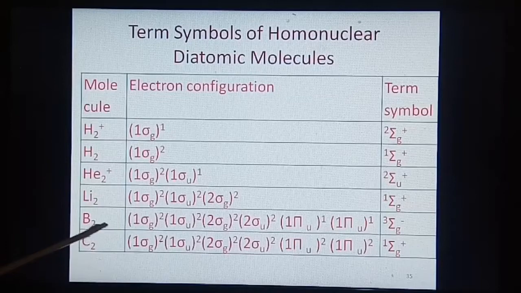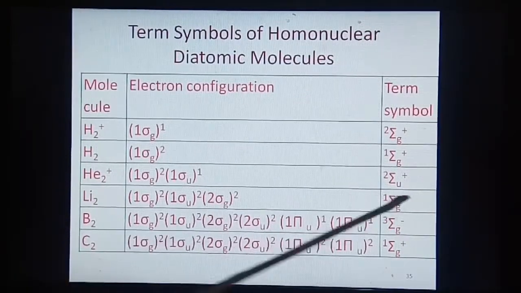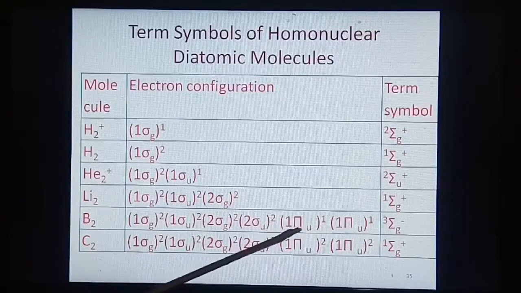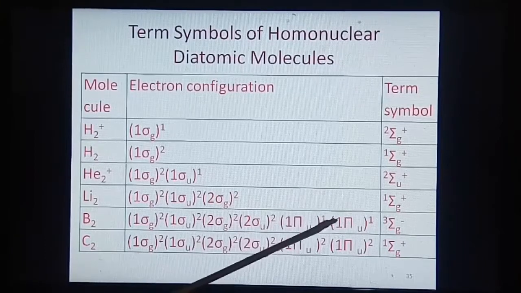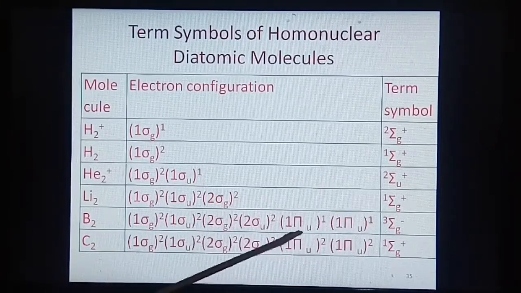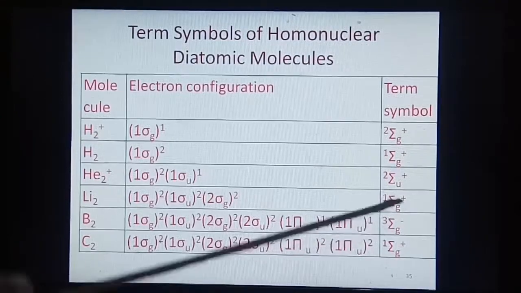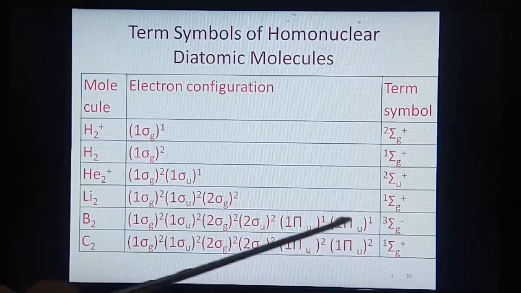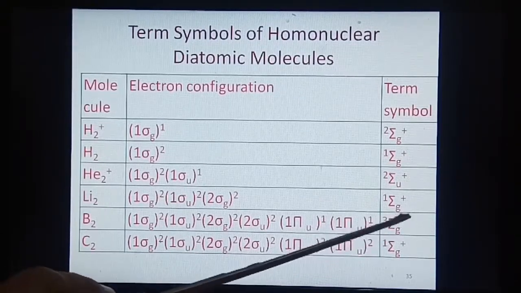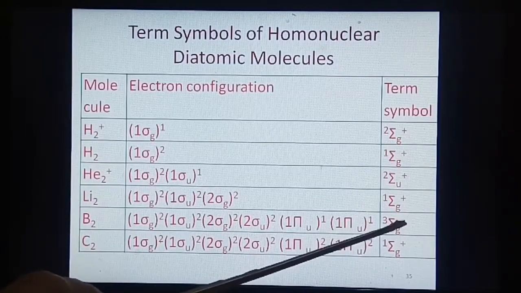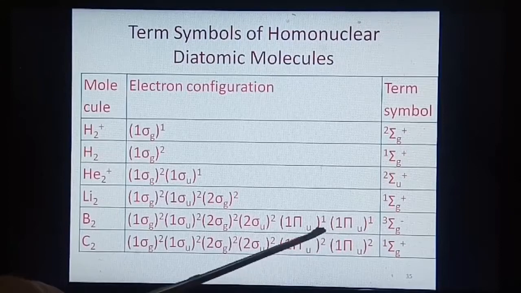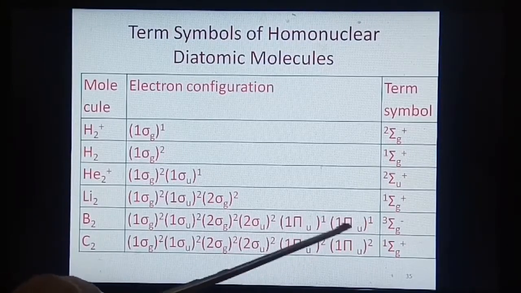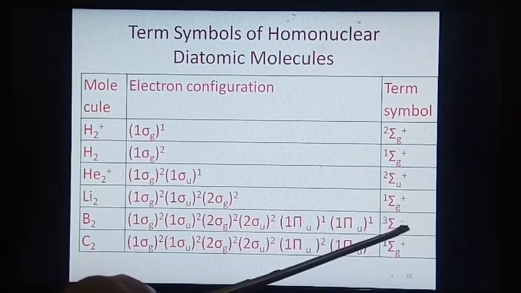Here we have discussed boron, and this is the electronic configuration of boron. We will take these two orbitals, 1 pi u1, 1 pi u1. Here the orbitals are pi and pi, so this will be sigma, and u times u will give the g parity, spin multiplicity will be 3, and the symmetry, as we have discussed, will be minus. So only when the electrons are present in 1 pi u with one electron and the other 1 pi u with one electron, only then the minus sign will be there.